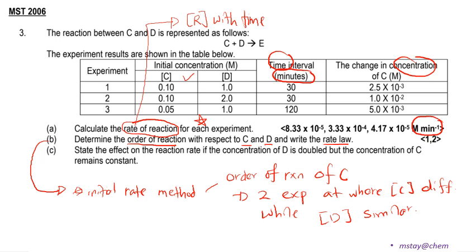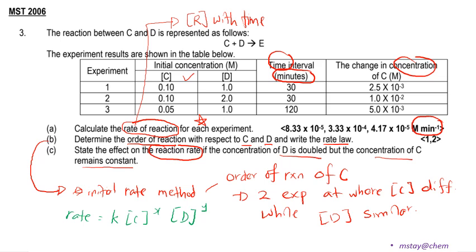Next, state the effect on the reaction rate if concentration D is doubled and concentration C remains constant. For this question, like we discussed in the tutorial, we get the idea first: rate equals k, concentration C to the power of x, and concentration D to the power of y.